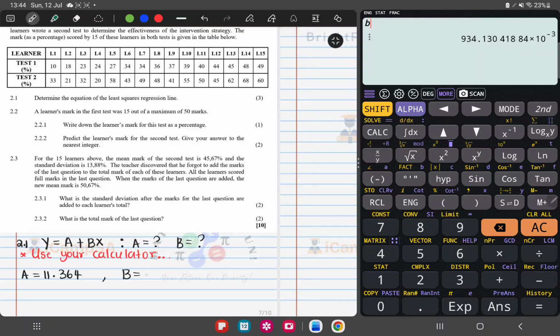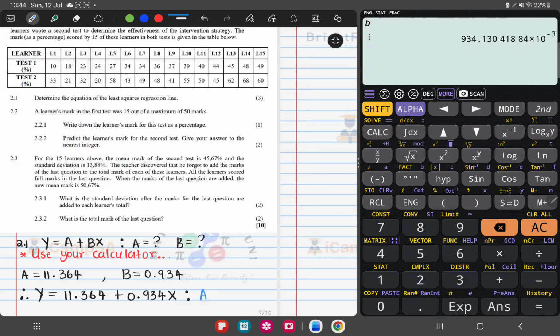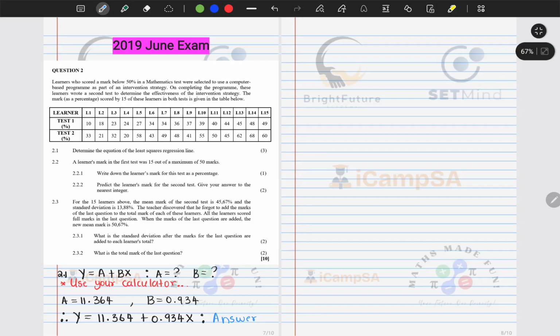So for B, we're getting 0.934. Okay, so therefore we can write our expression, which is Y equals 11.364 plus 0.934 times X. So this here, guys, is our answer.